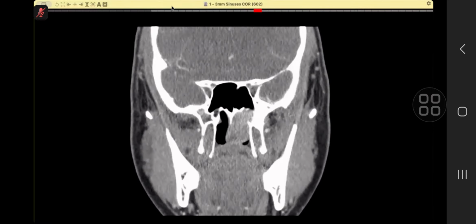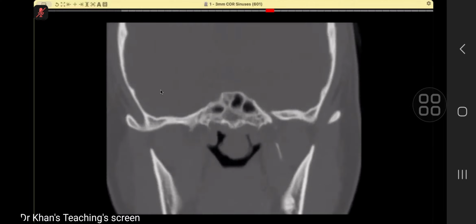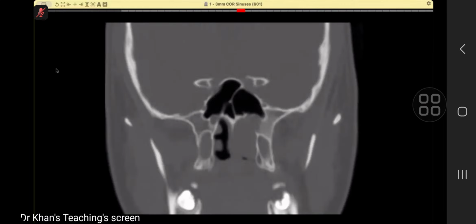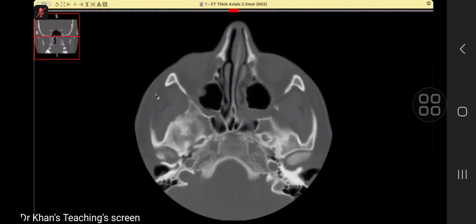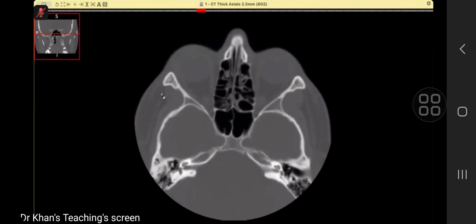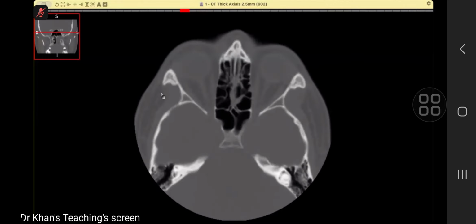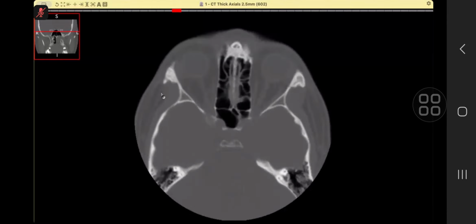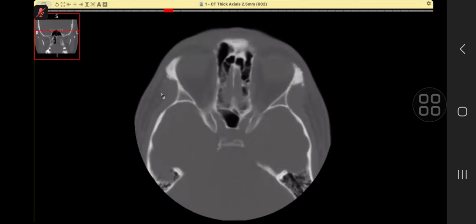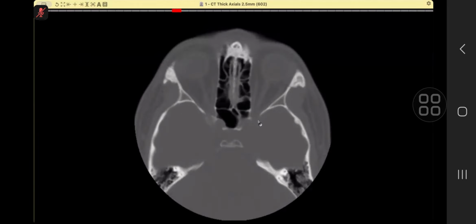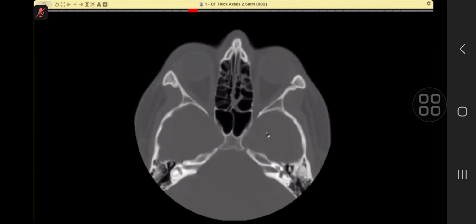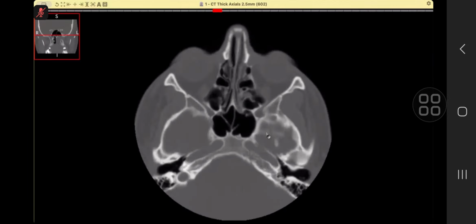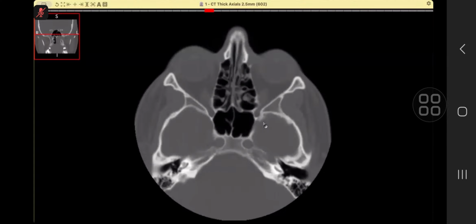Okay, thank you. Thank you, sir. So the only thing is anatomy, and in anatomy you have to be very careful what you are pointing out, and a 17-year-old with epistaxis is a giveaway. If you see, this is the optic nerve and this is the superior orbital fissure, and then this is the middle cranial fossa.